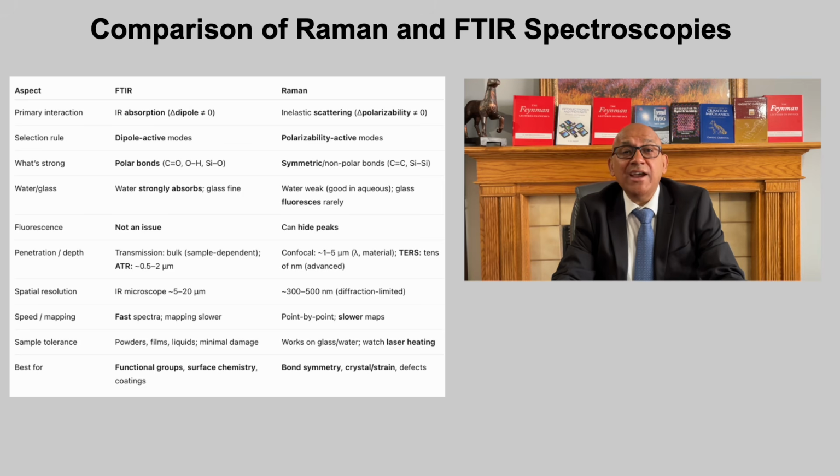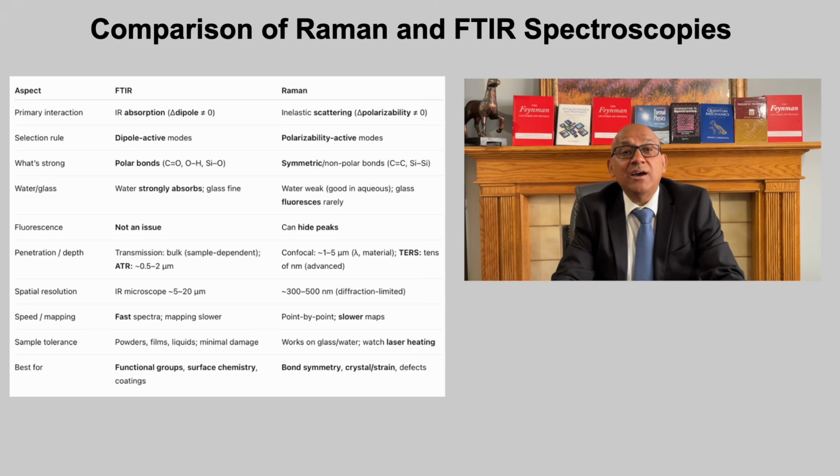This makes FTIR highly sensitive to polar bonds such as C=O, OH, and SiO bonds. In contrast, Raman spectroscopy relies on inelastic scattering of light, which depends on changes in polarizability rather than dipole moment.